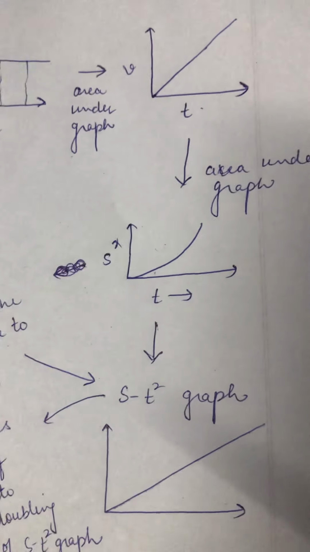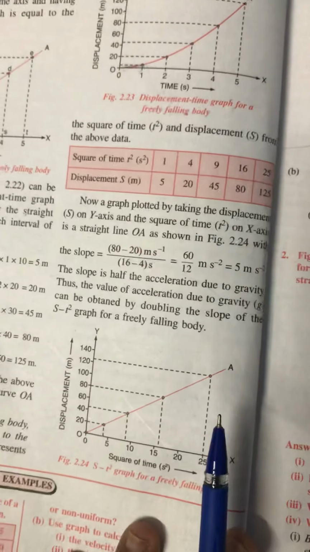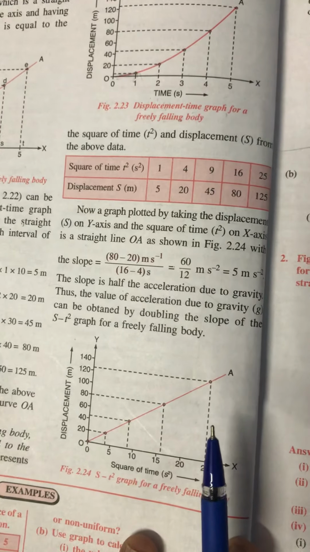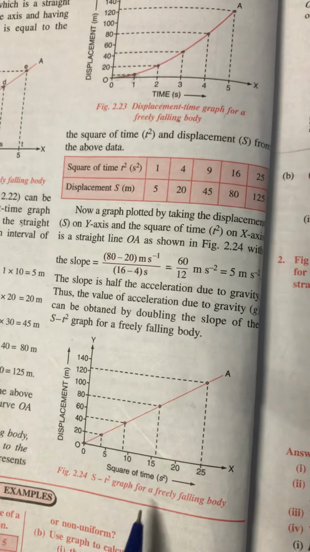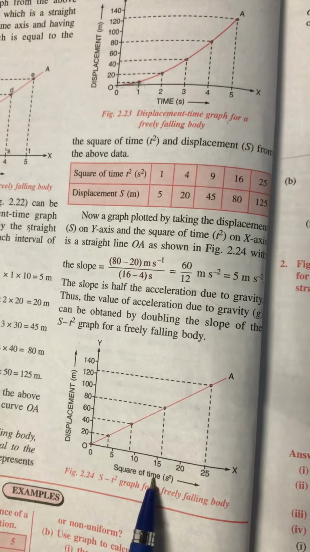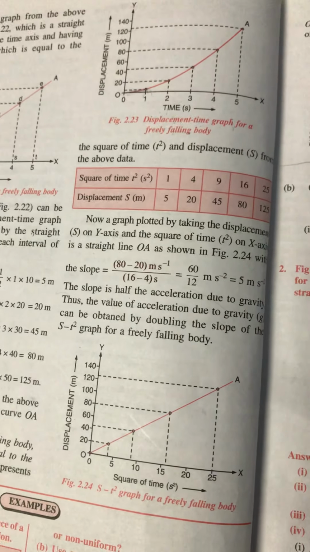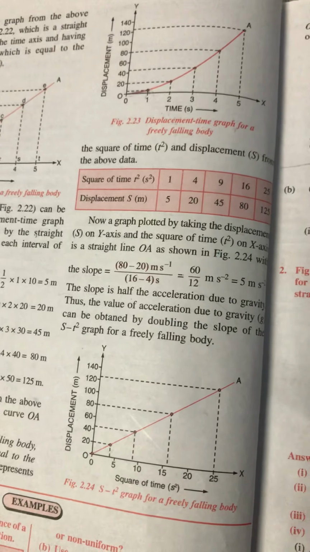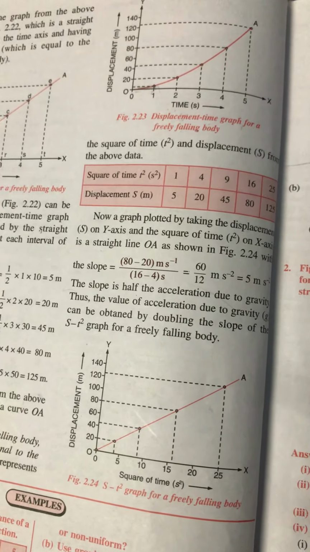So what kind of graph do we have? The ST graph we have is like this. Now a very important paragraph is written here. A graph plotted by taking displacement and the square of time. Now we are plotting a graph between t square and s. When you plot the graph between t square and s, we find the slope comes out to be 5 meter per second square.